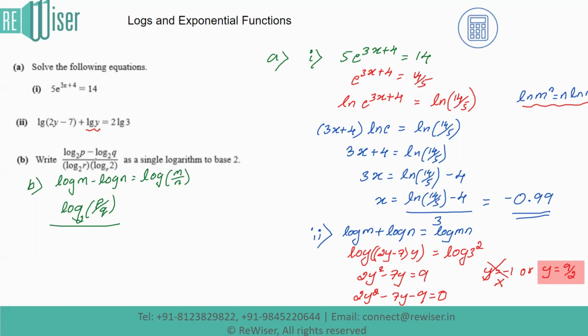Now this log of r to the base 2 can also be written using the change of base rule. Whenever we have log of a to the base b, we can also write this as log of a to the base c over log of b to the base c. So c could be any base.